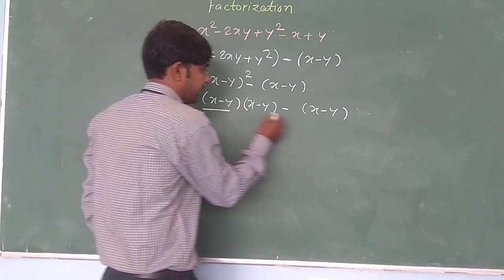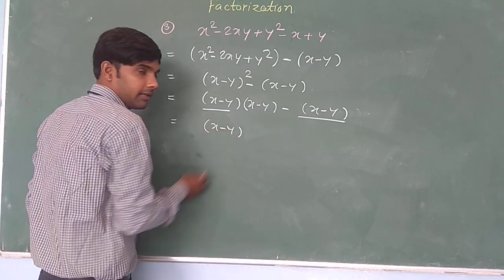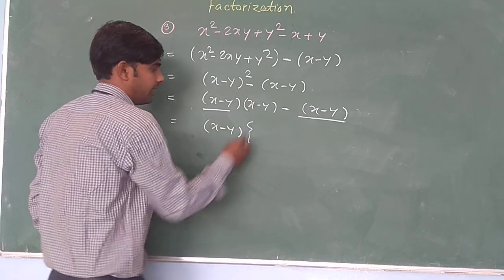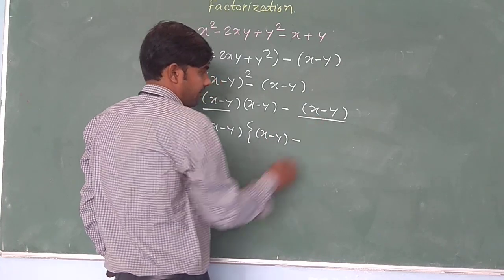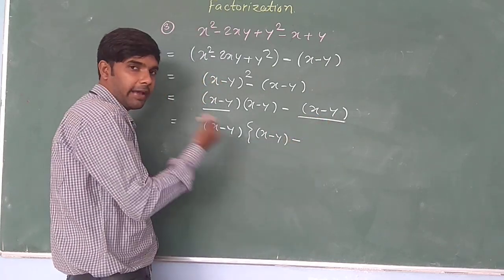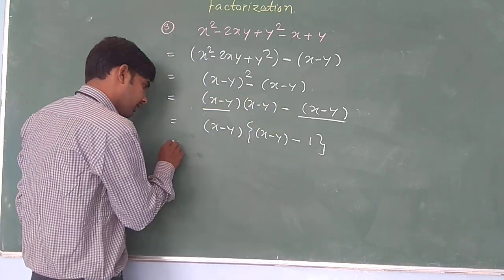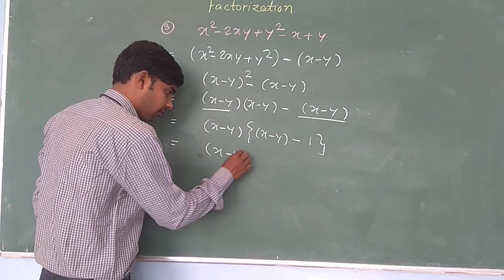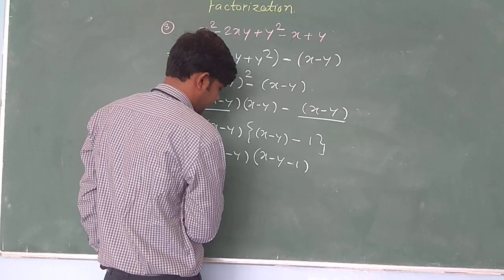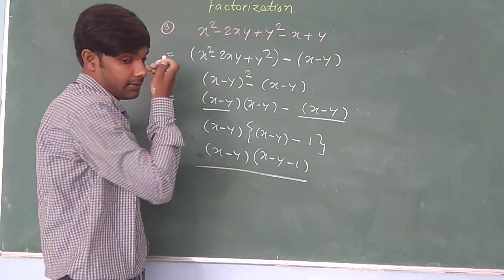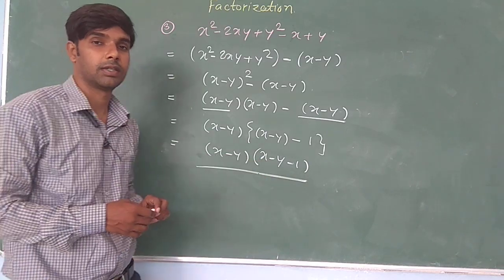From this we take x minus y common, and the remaining term is x minus y minus, we take the whole x minus y outside the bracket, so the remaining term is 1. So the factors are x minus y, and second bracket x minus y minus 1. These are the factors of the given algebraic expression.